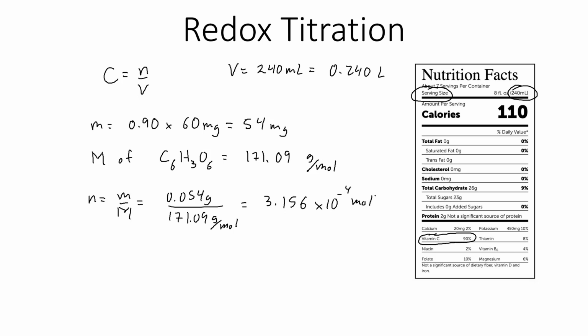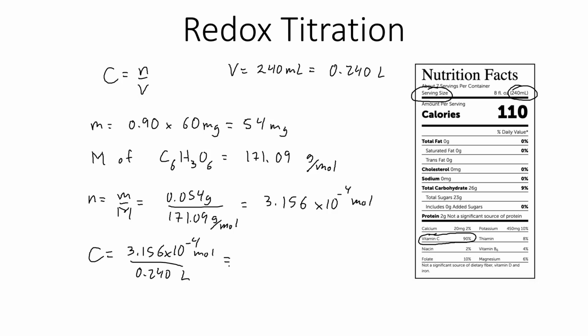Okay, to get the concentration. Well, I got the moles, I got the volume. It's quite straightforward. So it is the number of moles divided by the volume. And it's going to come out in moles per liter.